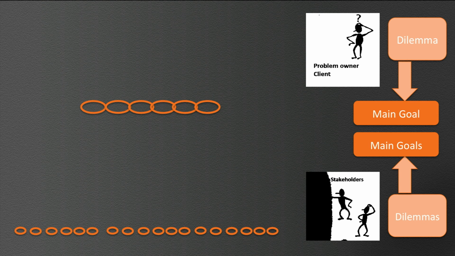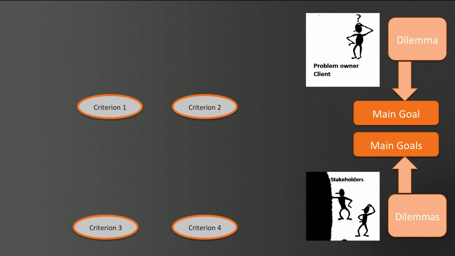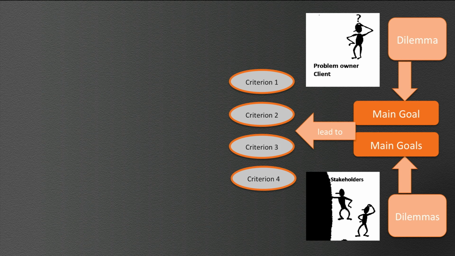Combining all criteria from the different actors involved provided us with a well-balanced set of criteria. As the criteria represent those elements in the problem field that our problem owner and the stakeholders find important, it became very interesting to know what factors influence the criteria.